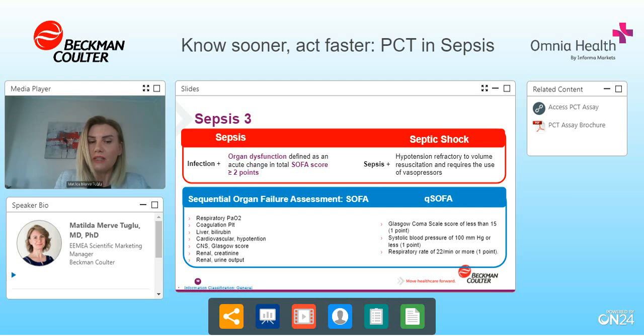It is possible to identify organ dysfunction as an acute change in total SOFA score equal to or more than 2 points. The baseline SOFA score can be assumed to be 0 in patients not known to have pre-existing organ dysfunction. A SOFA score of 2 reflects an overall mortality of approximately 10% in a hospital population with a suspected infection.